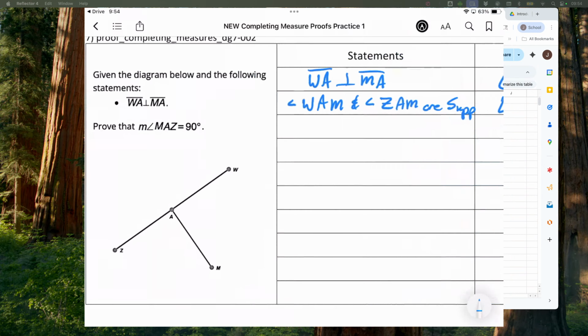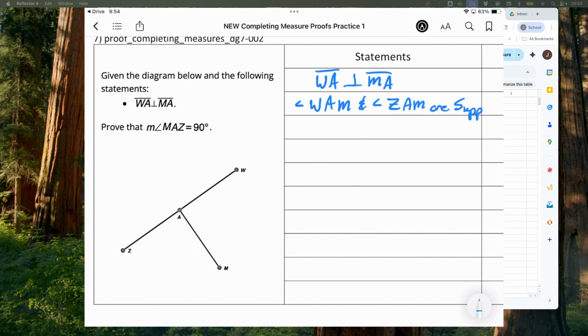And we can pick either one of those two angles to say that they are a right angle because of being perpendicular. We're going to choose WAM for that one.